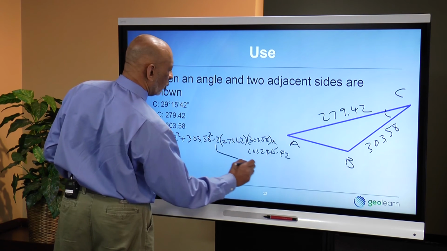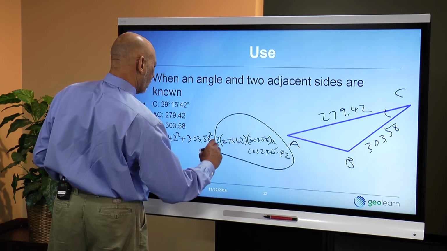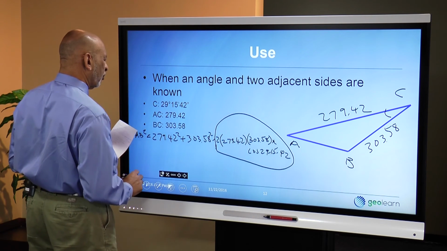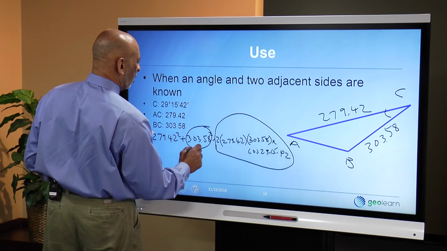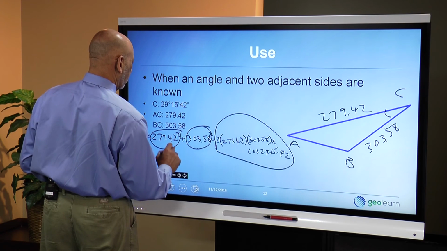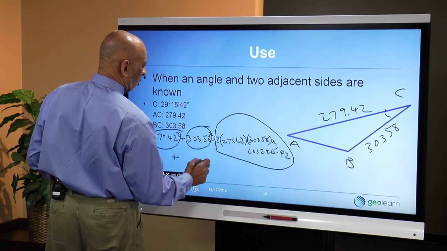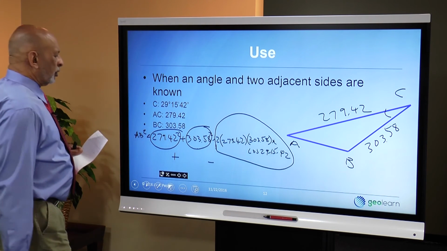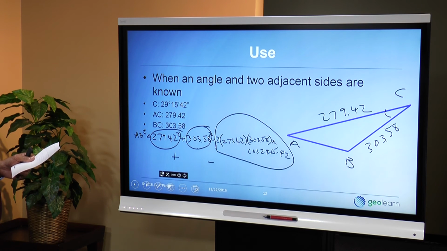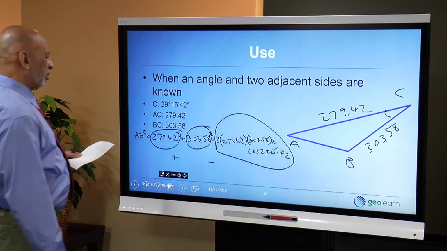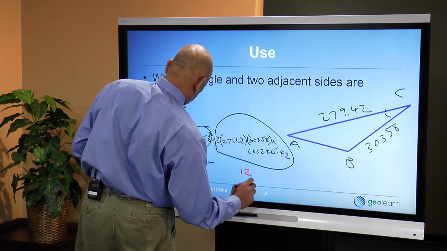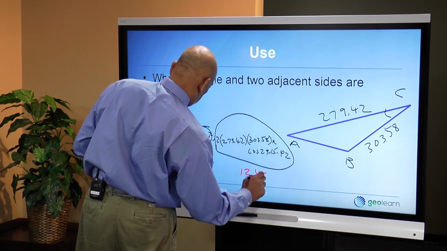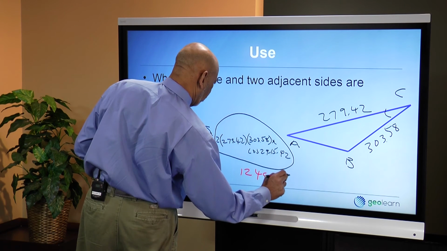That gives you this whole thing here. Then you square 279.42 and 303.58, add them together, and subtract these off. And when you subtract them off, you get AB squared, which it turns out will be 12,480.742.